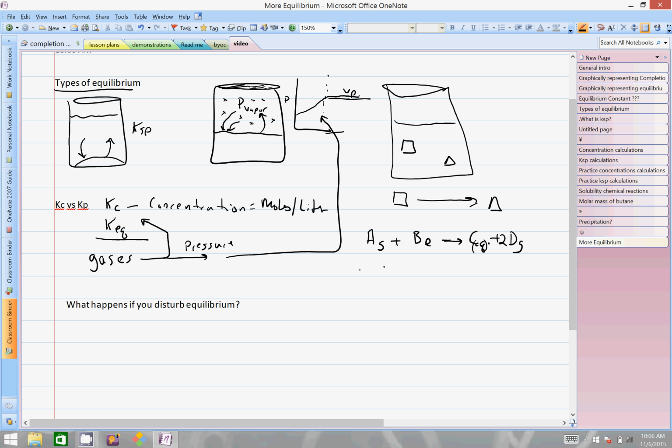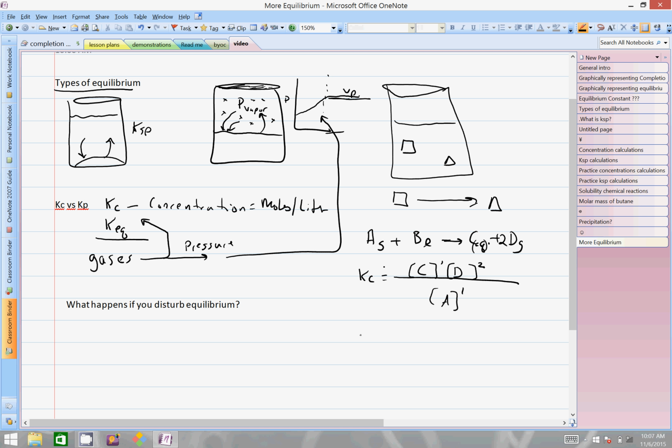If I were to write the Kc expression for this, I would include anything that has a concentration in moles per liter. D is a gas, so bracket D squared. C, aqueous, definitely has a concentration, bracket to the first. Liquid, liquids don't have a concentration, it's out. Gases, A, bracket to the first.